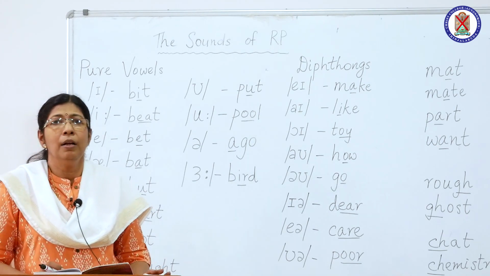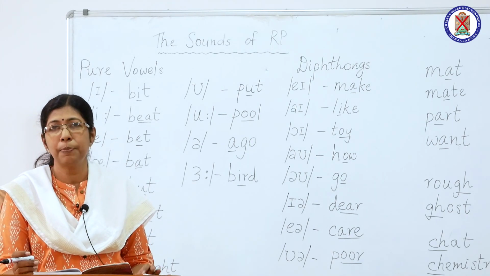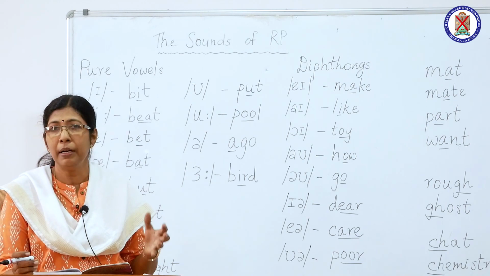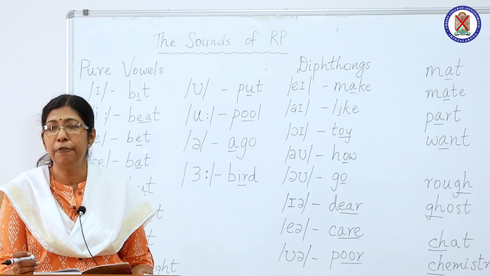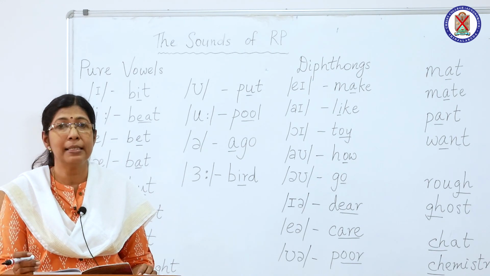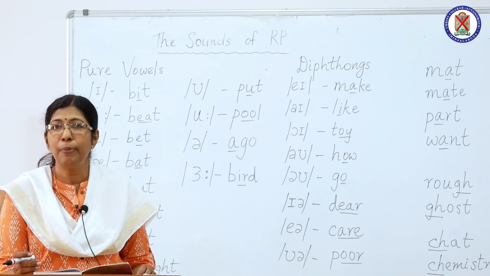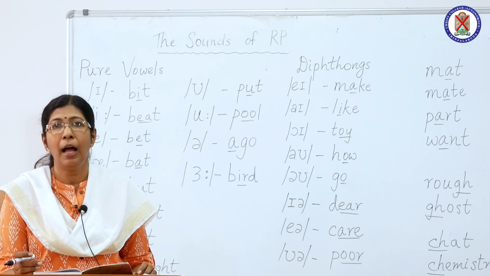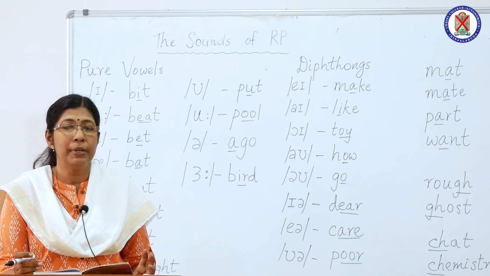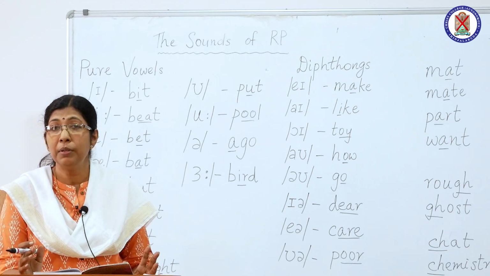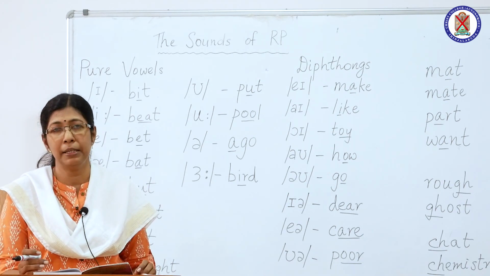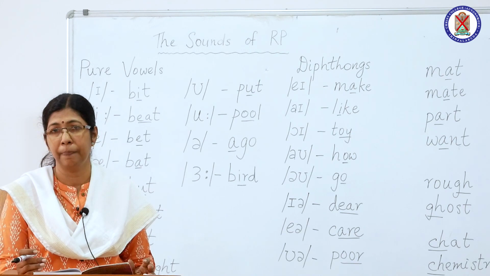Okay, so it is to solve this problem. I hope you understood what the problem is. You know, the English alphabet has only 26 letters, A to Z. These 26 letters are not sufficient to represent the 44 sounds in only one variety of English, that is RP.